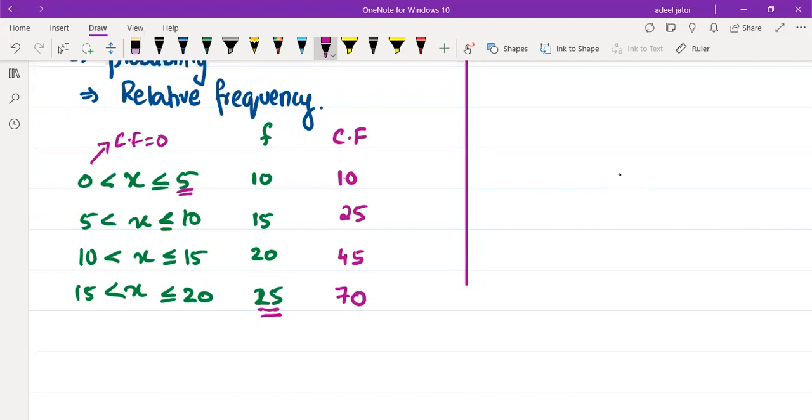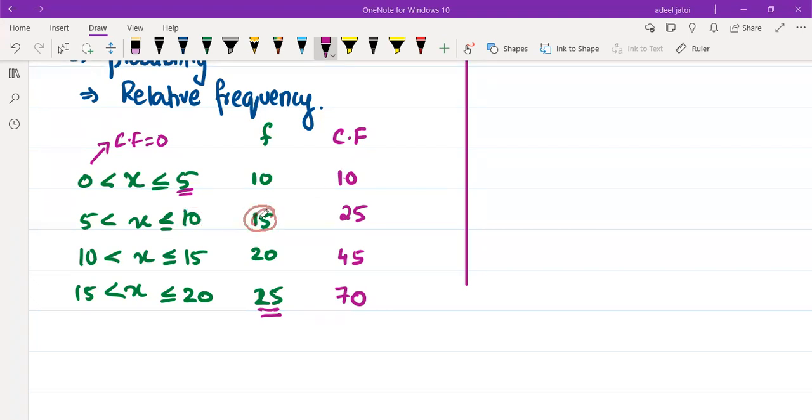If the concept is still not clear, you need to understand this: for 0, it will be 0. For 5, because this is the end of the class width, the frequency is 10, so the cumulative frequency will also be 10. But in the next class width, which ends at 10, the frequency is 15.